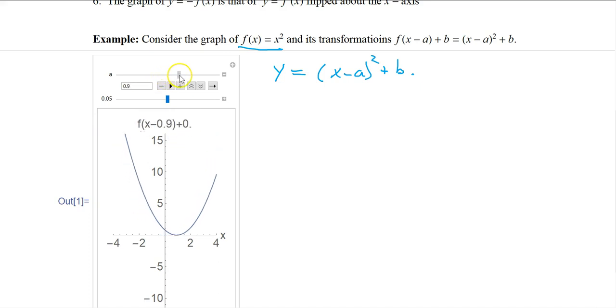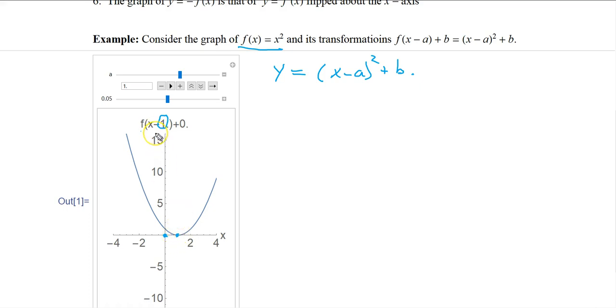So notice right now our a is 1 right here, and so we're graphing f of x minus 1, and notice that our graph shifted, its vertex was here, it shifted over here to the right by 1 unit.